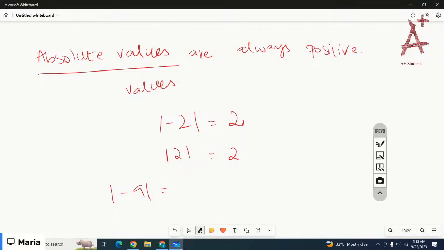The correct option is 9, right? No negative. The absolute values are always positive values, right? So that would be 9.